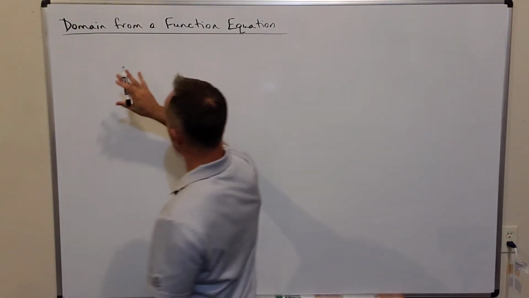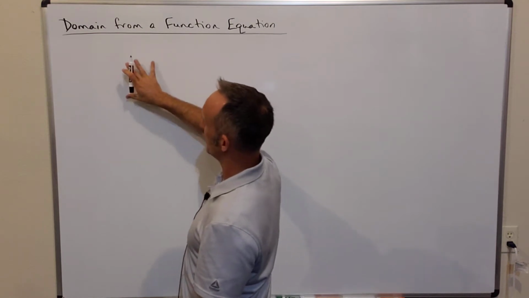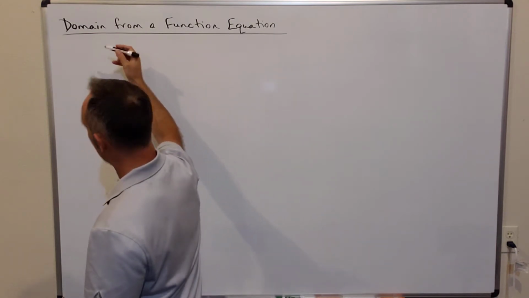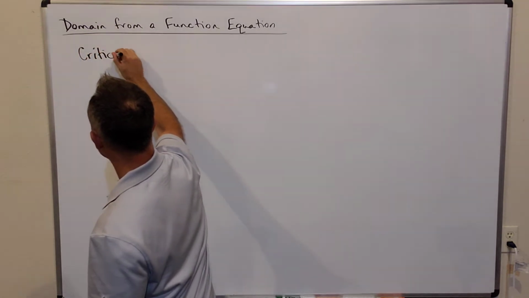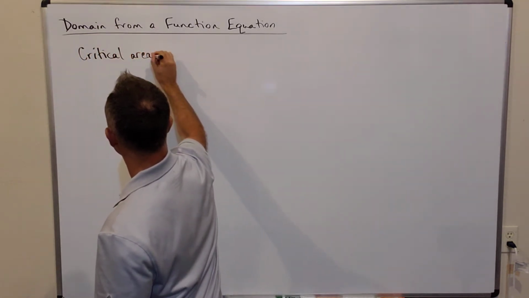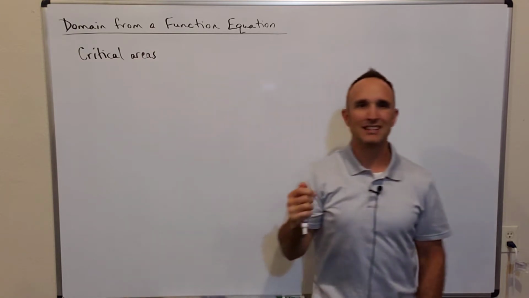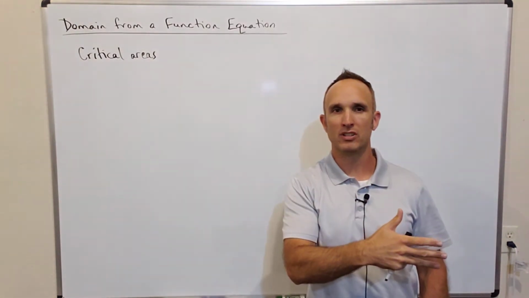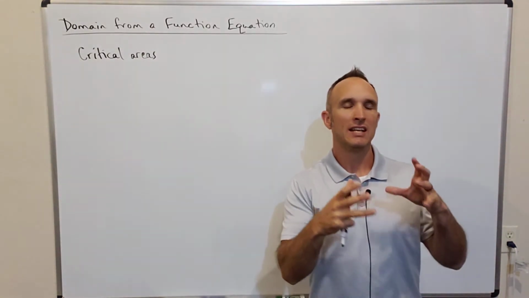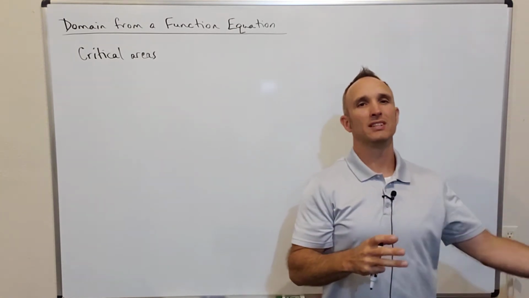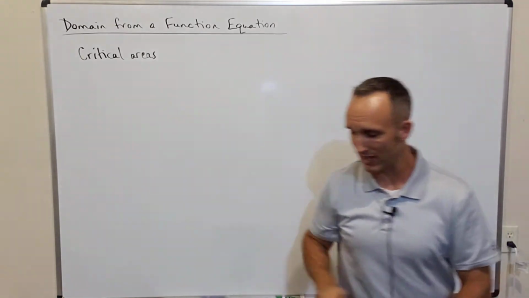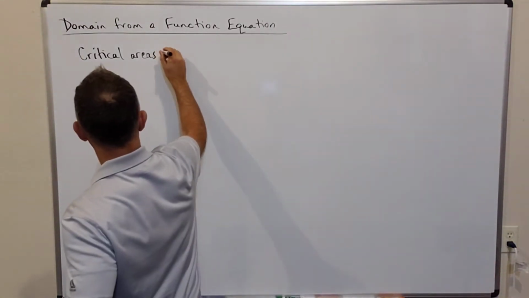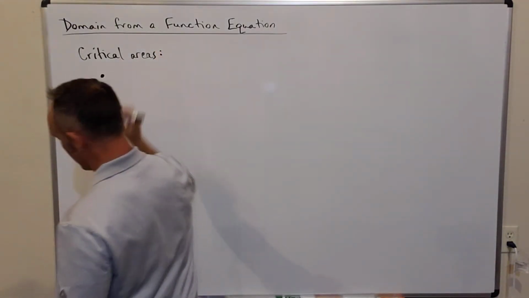So the main idea that we're going to use here is identifying critical areas. If we're wanting outputs that are real numbers, we have to think about calculations that won't give us real numbers. And I already mentioned imaginary numbers. That's one way that could happen. So we're going to look at two critical areas here.